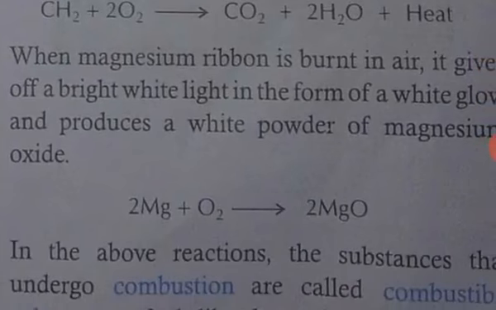When magnesium ribbon is burned in air, it gives off a bright white light in the form of a white glow and produces a white powder of magnesium oxide. In the above reaction, the substance that undergoes combustion is called the combustible substance.